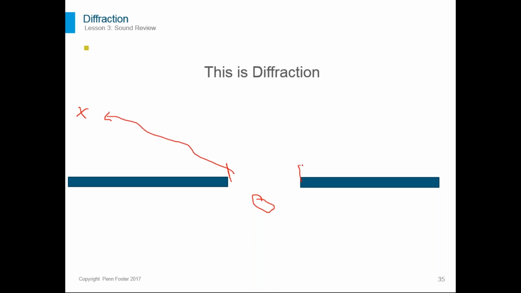And some will go off in that direction, and that direction, and they're just going to spread out and fill out the whole room. So that's called diffraction. So refraction is the sound waves bending as it goes from one material to another, and diffraction is sound waves bending as they go around the edge of a barrier.